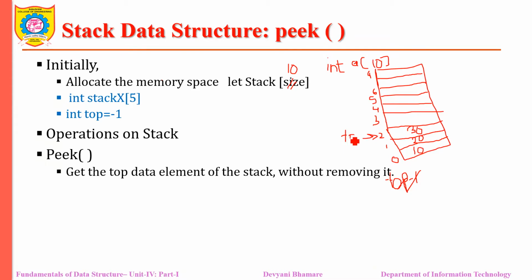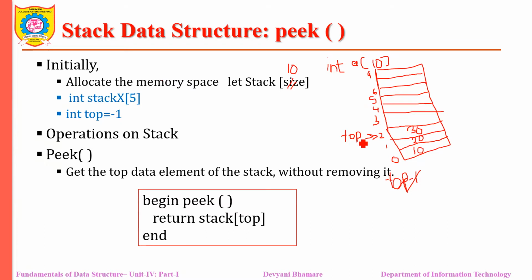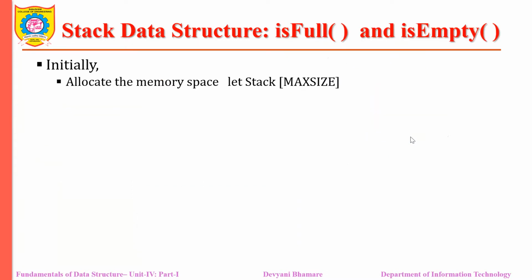So top contains the value 2. When we perform peek, it will simply return the value present at stack of top. Our top is 2, so it returns stack of 2. What is stack of 2? The value is 30, so the value 30 will be returned. So peek only gives us the topmost element of the stack, but it does not change the position of top, which means it does not remove that value.